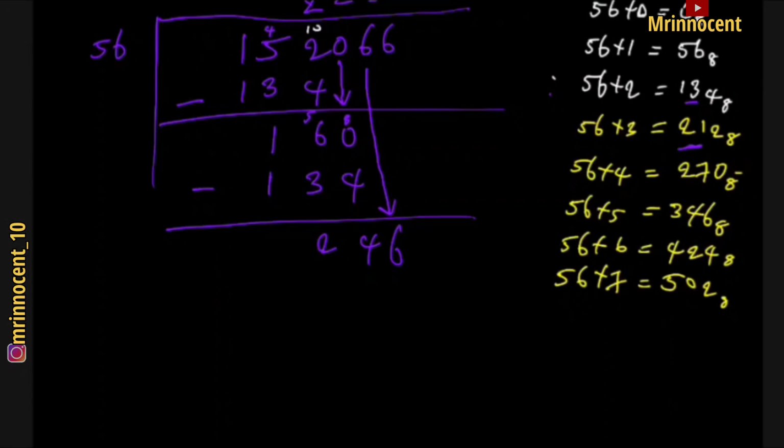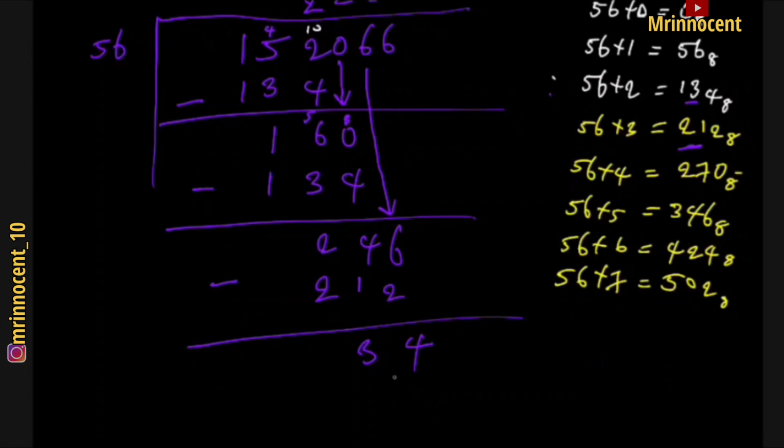And 3 times 56, you have 212. So you subtract. 6 minus 2 is 4. And 4 minus 1 is 3. 2 minus 2 is 0.